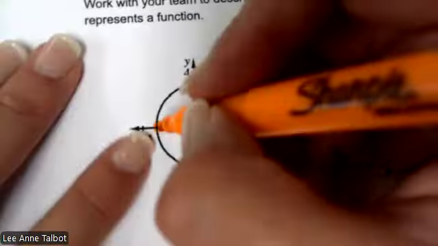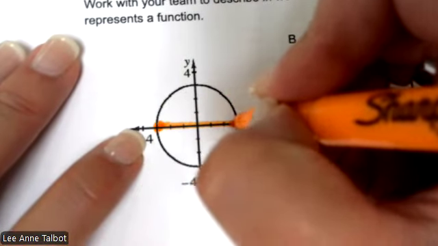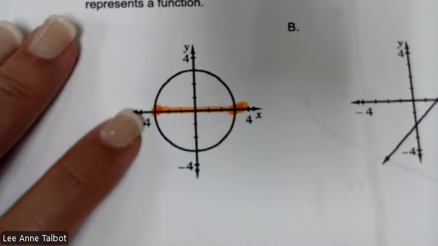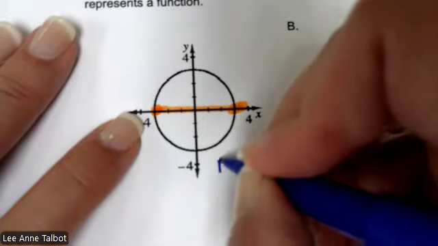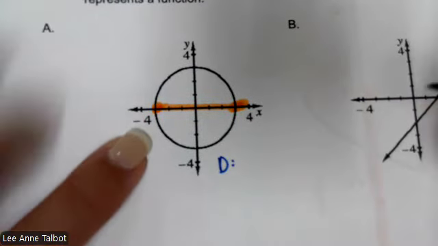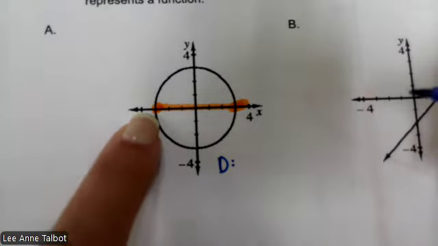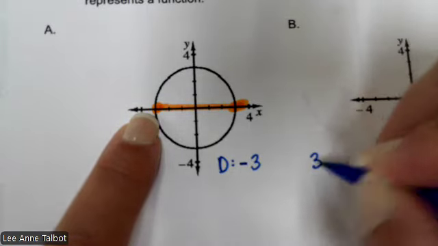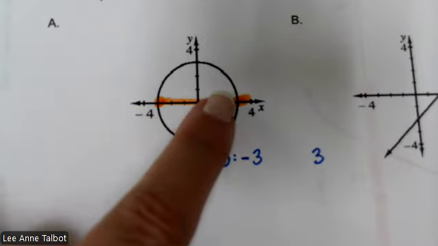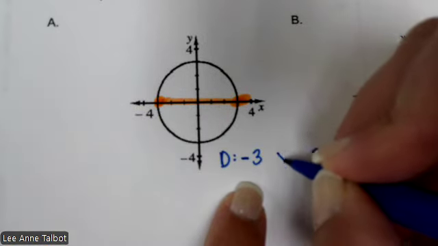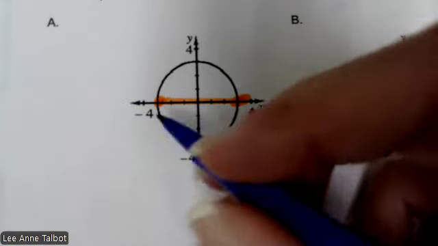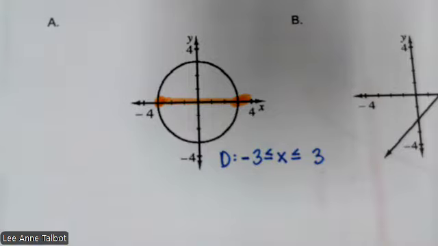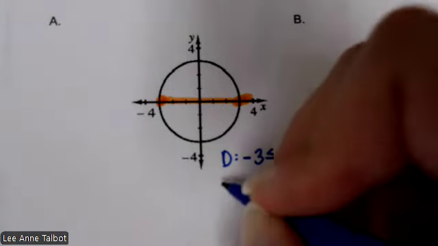Okay. So the very leftmost point of the circle to the right. This is -3, correct? Okay, so the domain goes from -3 to +3. X in the middle because you're talking about the x-axis. Less than or equal to, less than or equal to.